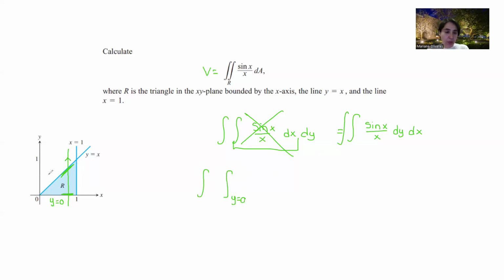And here in the top, we're going to have the equation y equal to x. So our limits have to be 0 and x. Let me write the function just like we have it here. And with respect to x, we need the lowest value and the highest value of x, which in this case is 0 and 1. Okay?